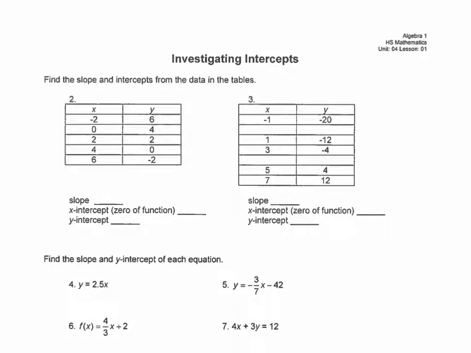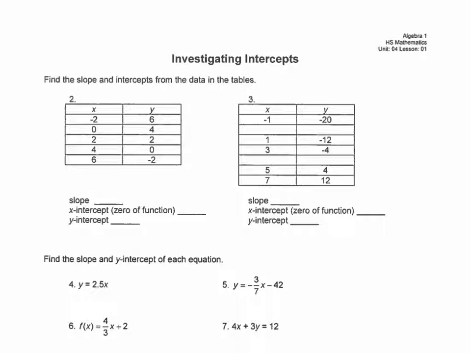On this next page, number 2 and number 3 give you a table. This is from the notes on Monday. Look back in your notes and see how we find the slope from a table, how we find our x-intercept and y-intercept, and how we fill in missing pieces.